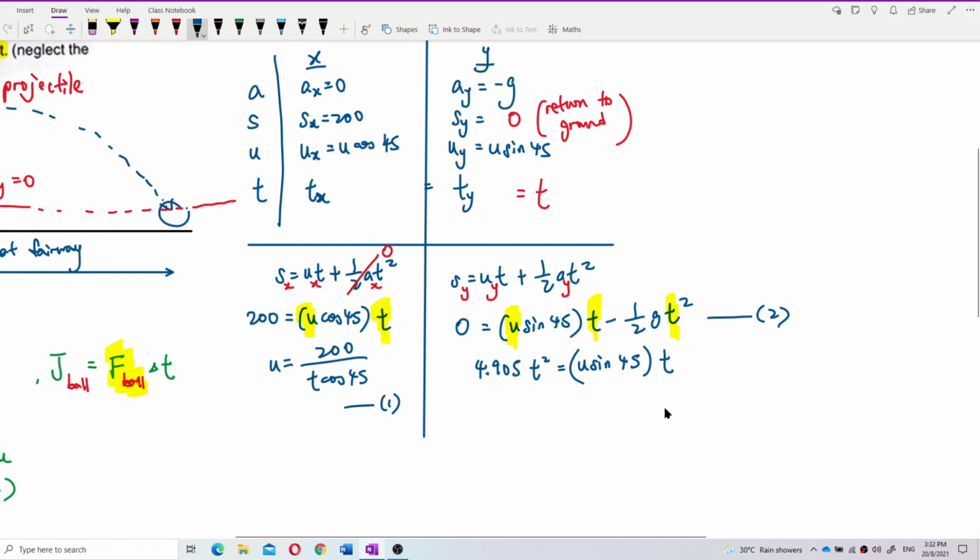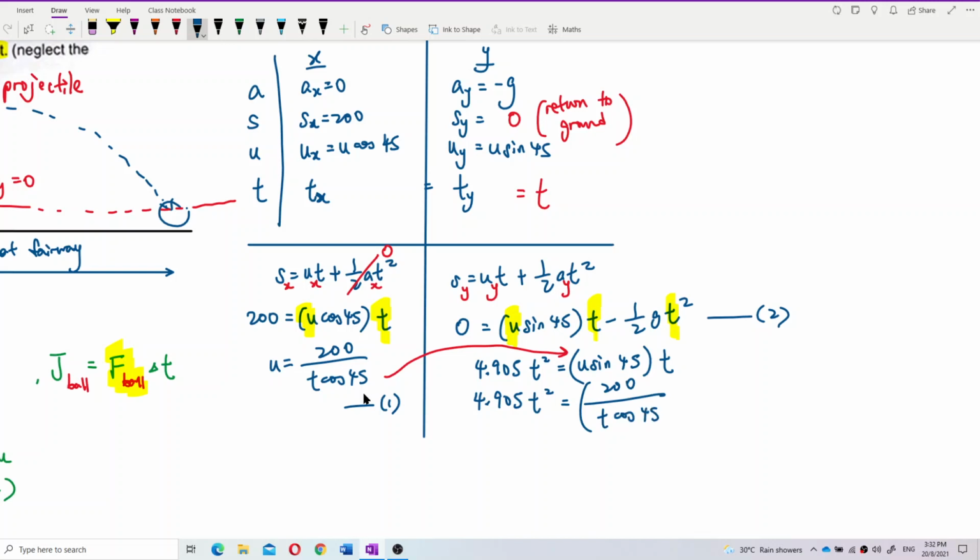Now put in the value of u. Substitute this u into here and then calculate. So we get 200 over t cos 45, then here don't forget the sine 45 and then t.